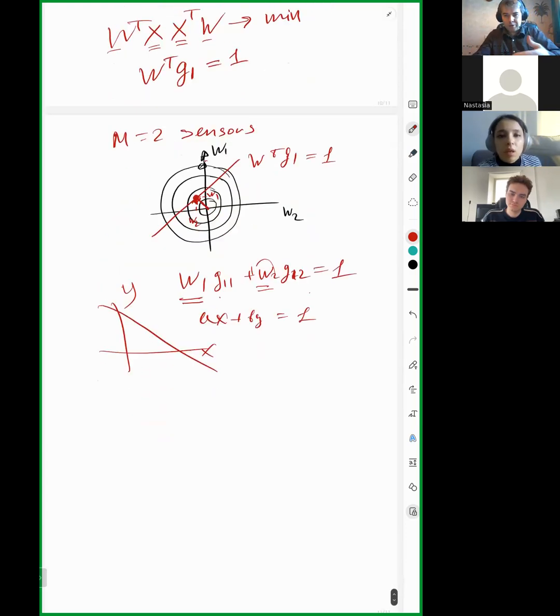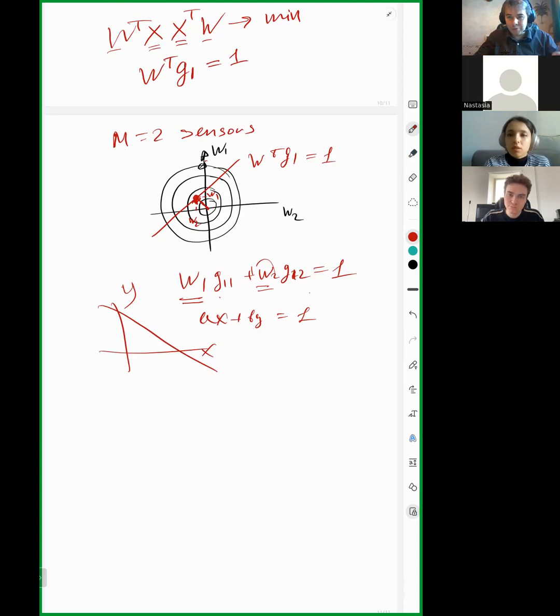Of course, you have many more sensors, and we need some analytical way to solve this. This is the classical quadratic program. It's called a program because in optimization theory, linear programming is also an optimization method to find a minimum of a linear functional.